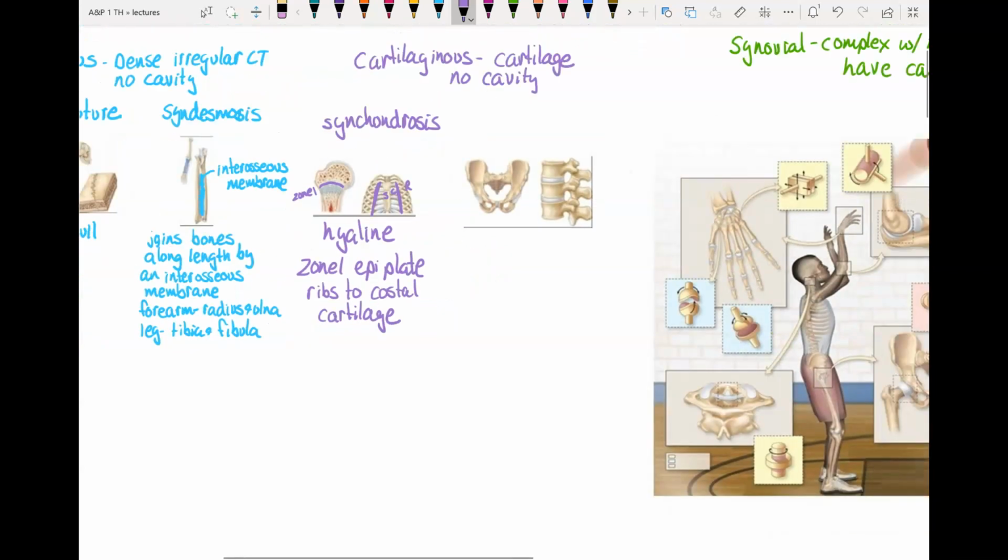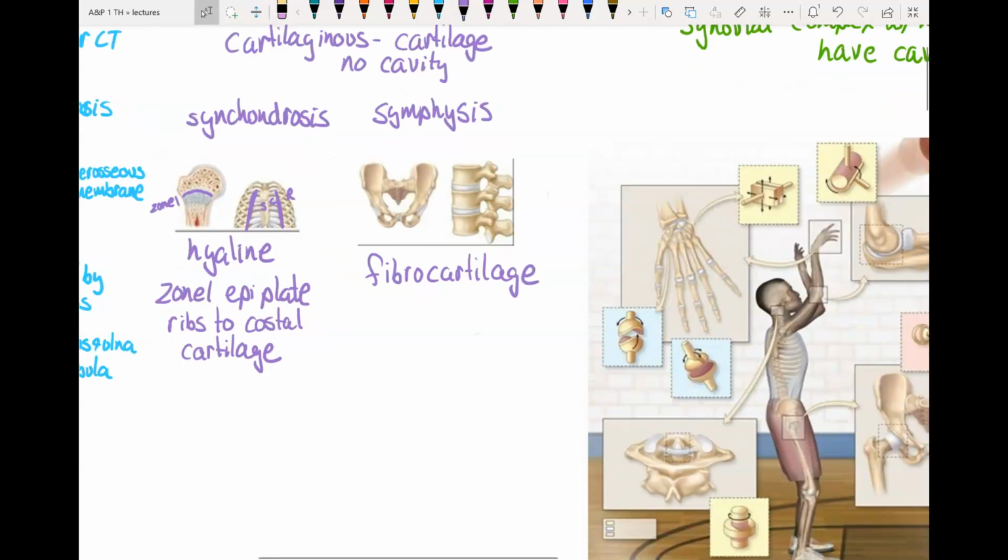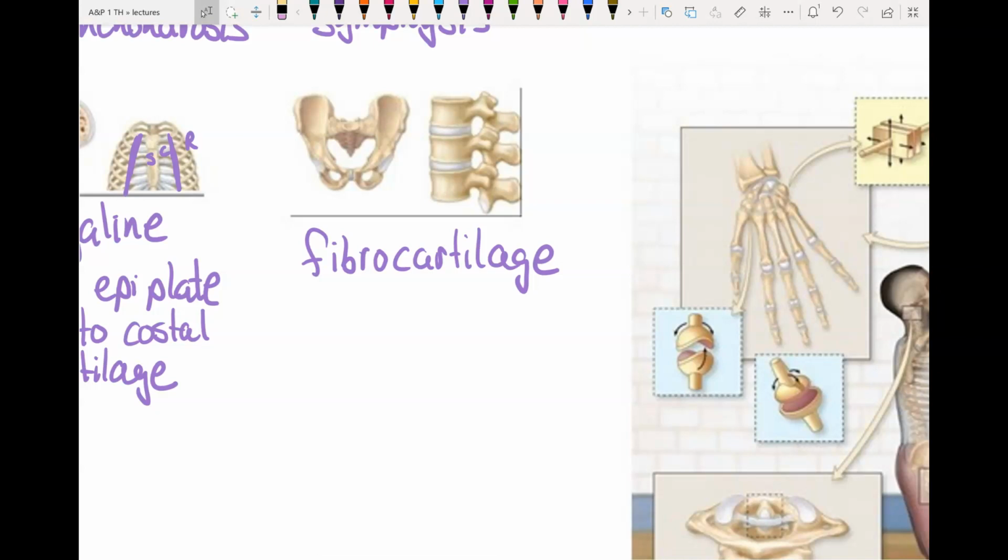Then the other type of cartilaginous joint is a symphysis. These are made of fibrocartilage. And a couple of examples. One is in the hip. So you have a right hip and you have a left hip.